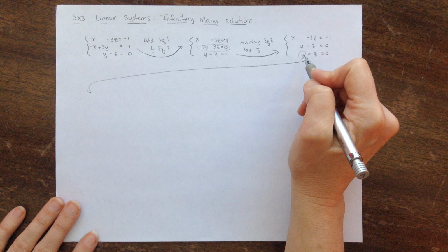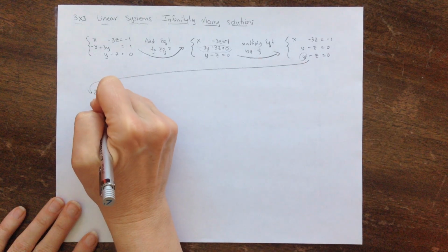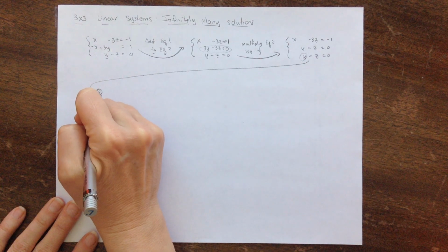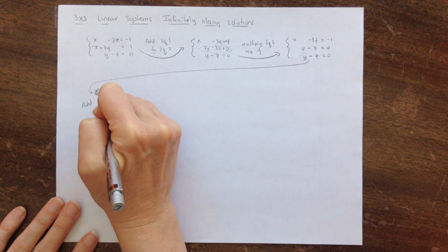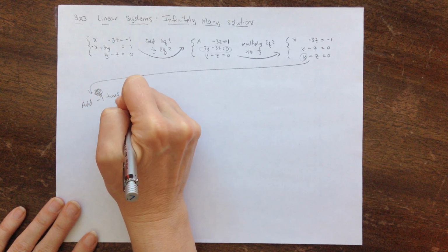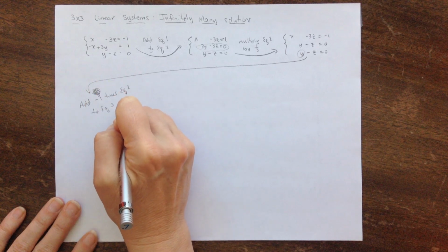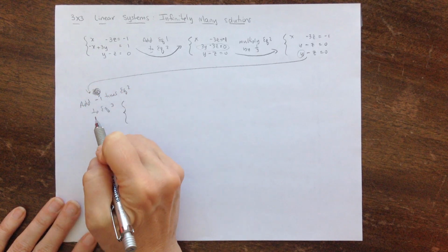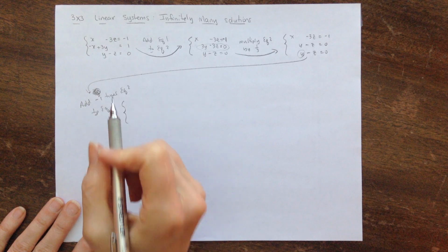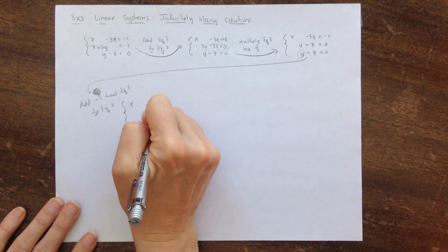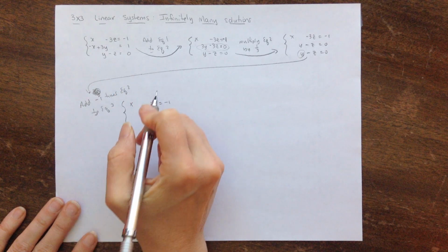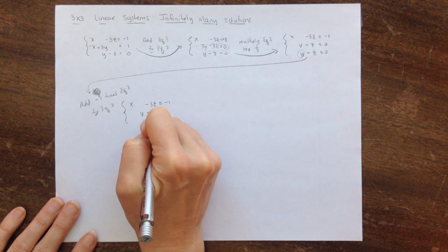I want to get rid of this y, so I'm going to add negative 1 times equation 2 to equation 3. So that's going to be my next move. So I'm doing something to equation 3, so equation 1 is not going to change. Equation 2 is not going to change.